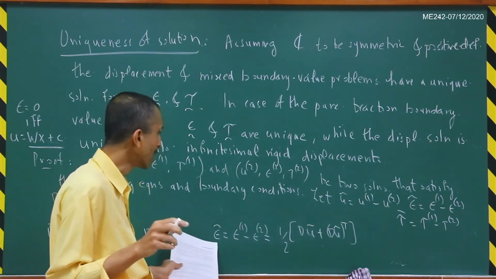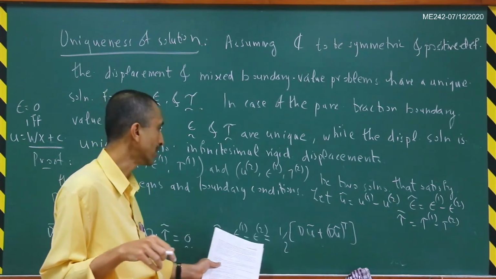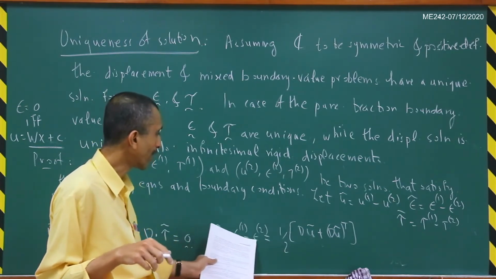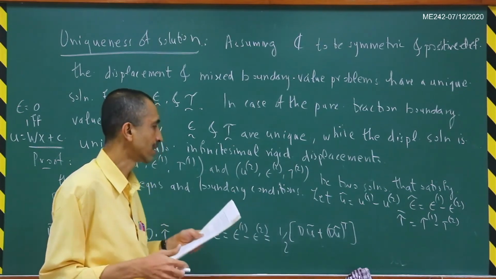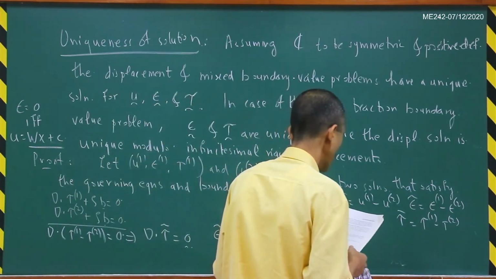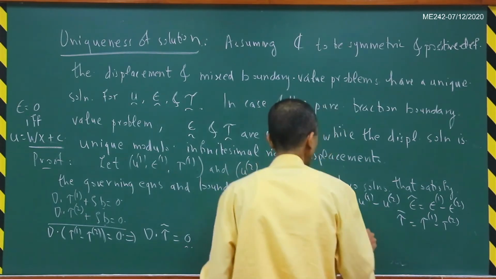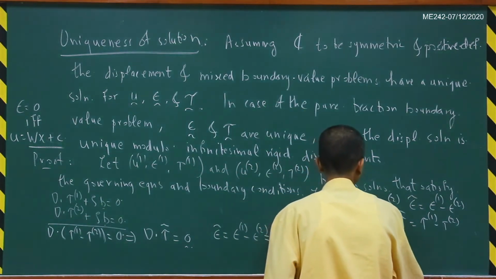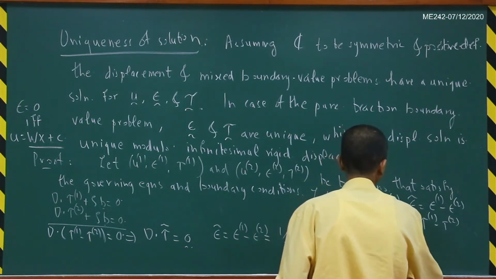So here, because of the linearity of the operators, epsilon 1 minus epsilon 2 is just half of del u tilde plus del u tilde transpose. And then the constitutive relation will again be tau tilde is equal to C times epsilon tilde.